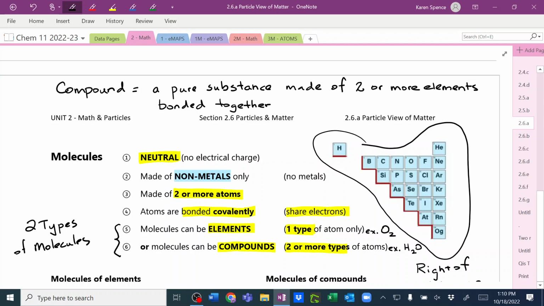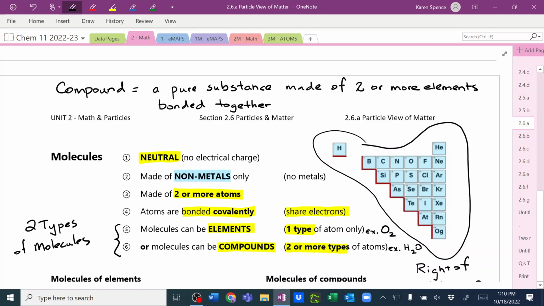It's still a pure substance, and we'll talk more later about what makes it pure. But it's because it's not just uniform, every particle is identical to the particle next to it, right? And all of them are all identical.